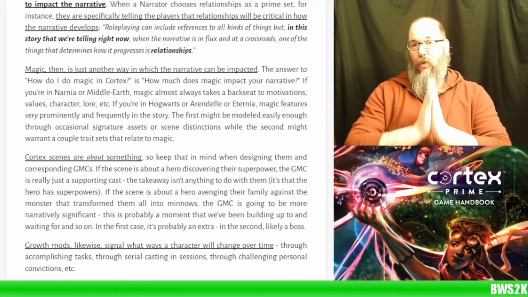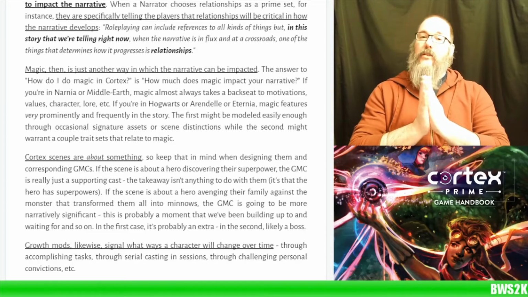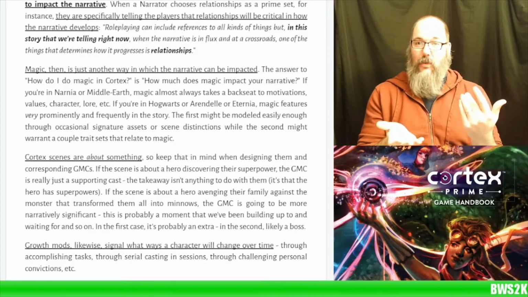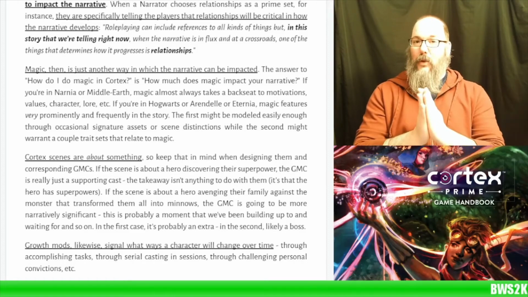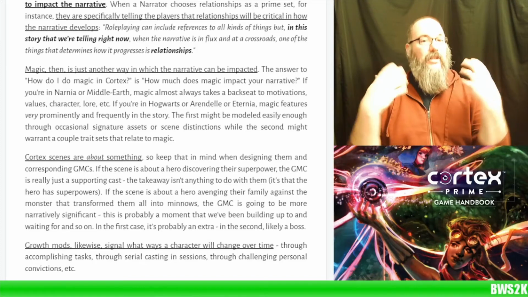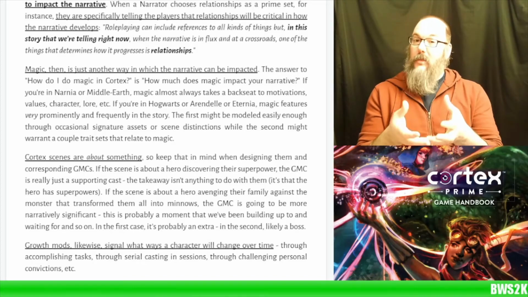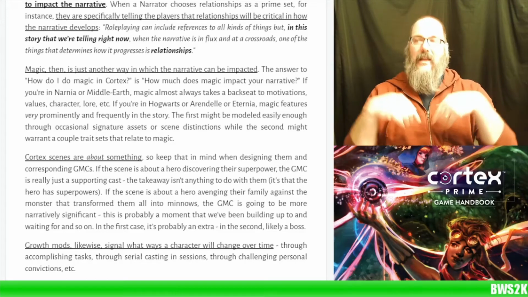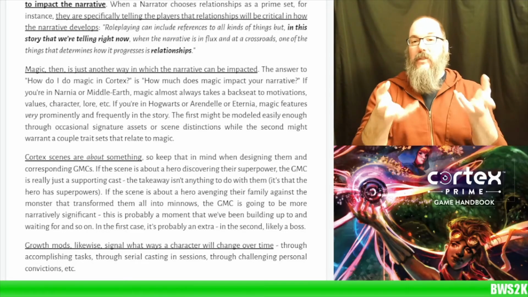When you're at that crossroads, that moment where things can go this way or that way, remember, if that's not the situation you're in, there might not even be a role necessary. But if you're in that moment and you decide there needs to be a role, if magic is going to be, or frequently be, a part of what decides which way it goes, then that's when you're going to want to have something that represents it a little better.